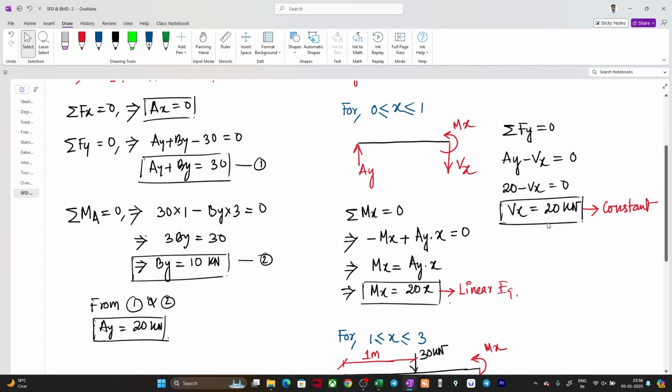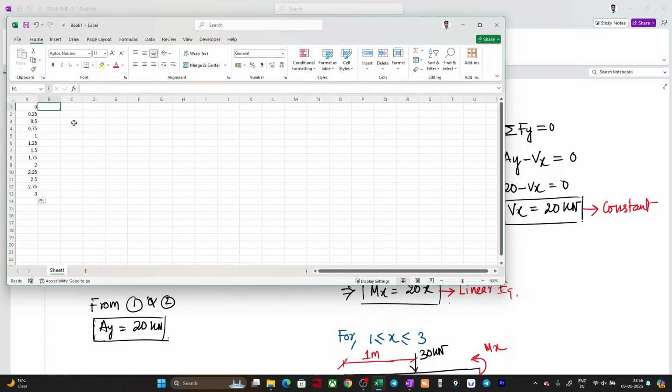So from 0, in case of shear force, from 0 to 1 meter the value that we are getting is Vx equal to 20. We know how it will be, but I'm just putting it here so that we can easily generate. So from 0 to 1 it is 20, and then from here it is minus 10, correct?